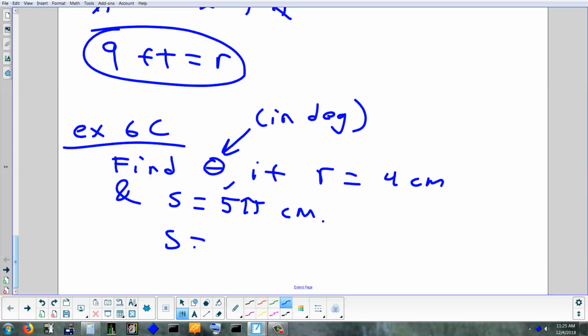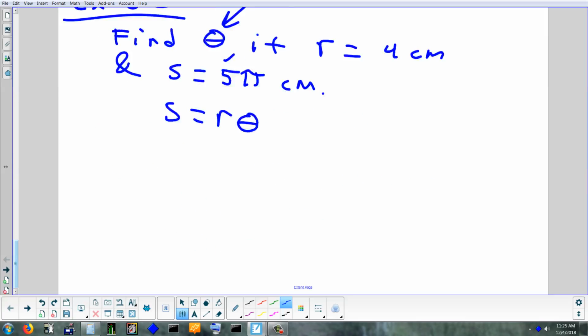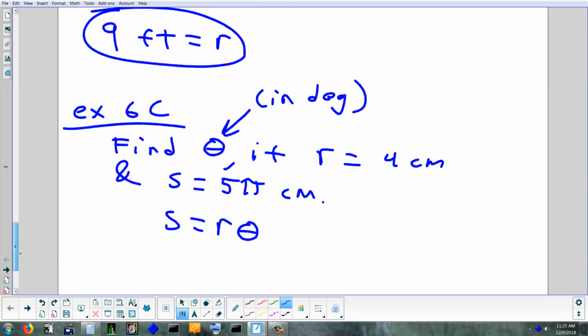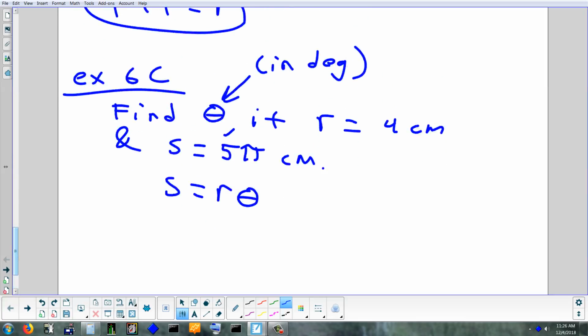When I use this formula, it's going to give me an answer for the angle. But what unit is the angle going to be in from this formula? It's going to be in radians. So let's go through and we'll get the answer first in radians and then we'll change it. So the arc length is 5 pi. The radius is 4.